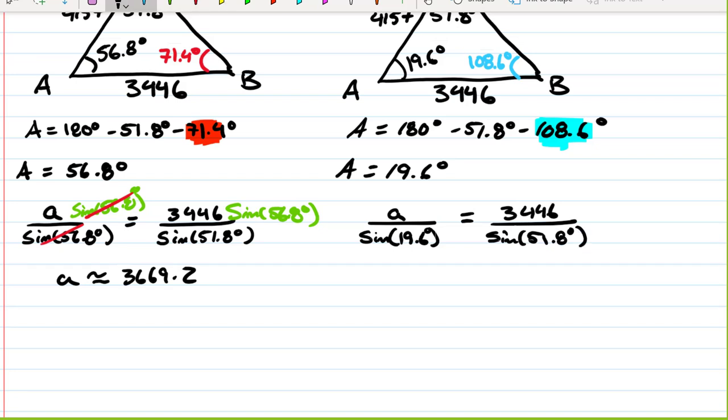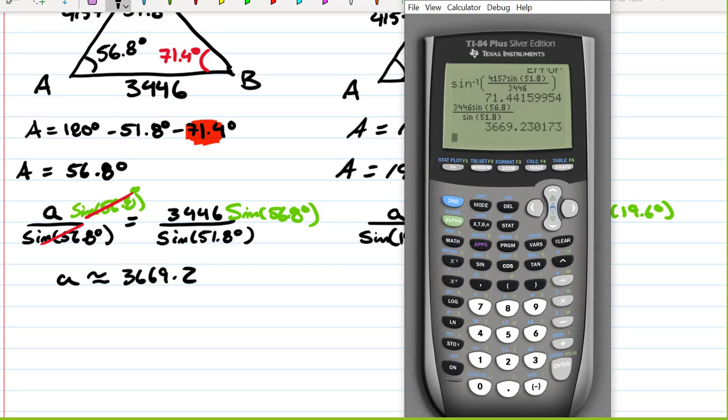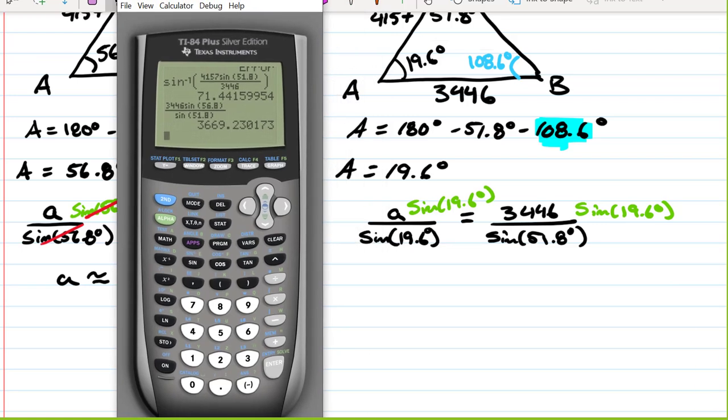Once again, we are going to multiply both sides by sine, but this time it's sine of 19.6. And our sines reduce out this time, and so we're going to get 3446 times the sine of 19.6 all over 51.8.